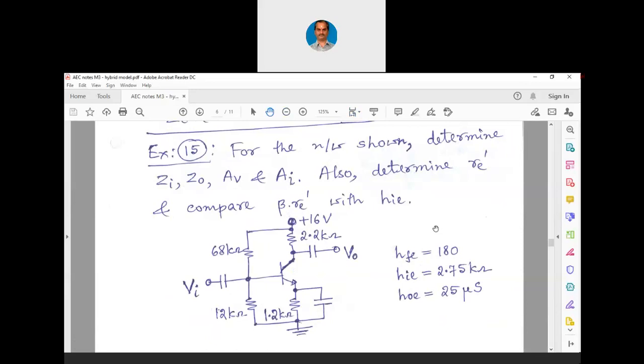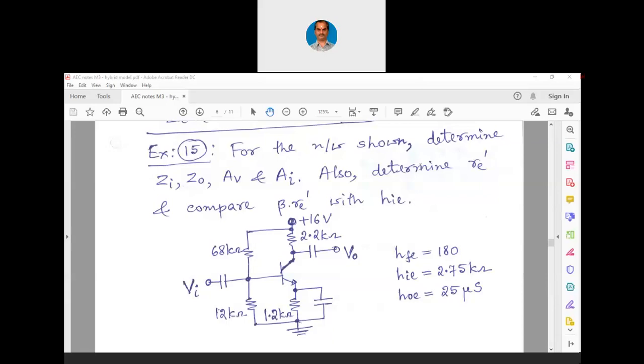You can see at the right side the values are given. HFE is given 180, HIE is given 2.75 kilo ohms, HOE is given 25 microsiemens. So Sayan is giving the answer.